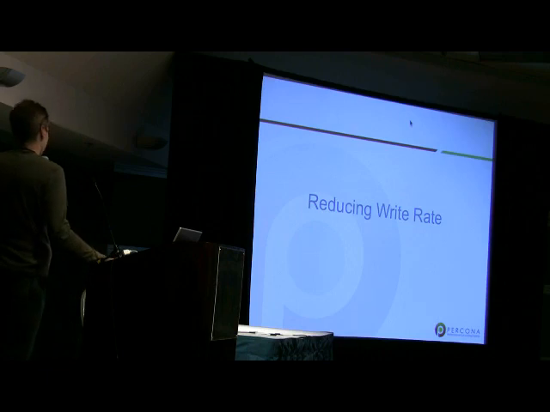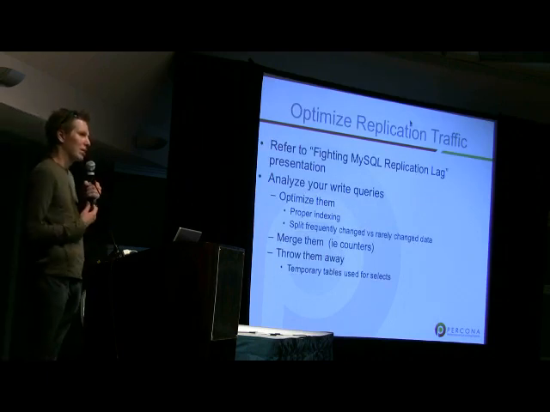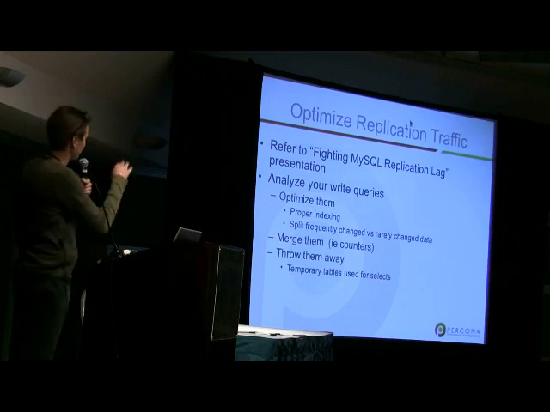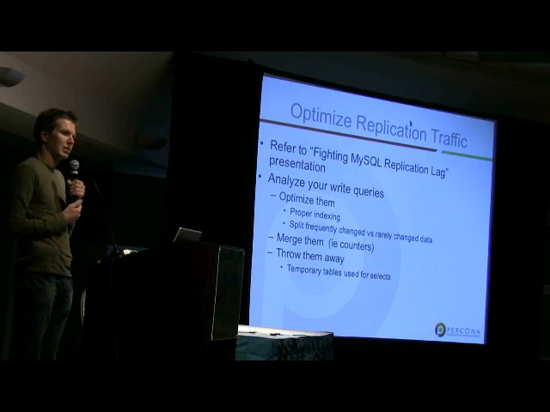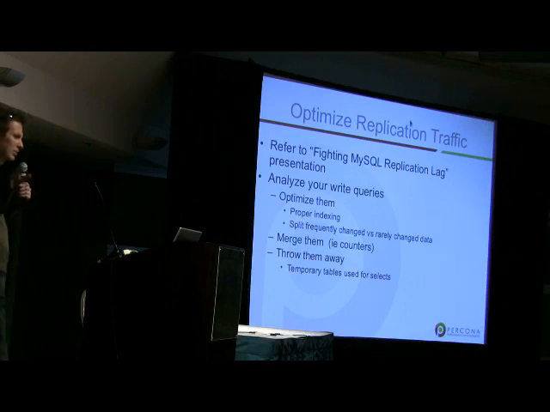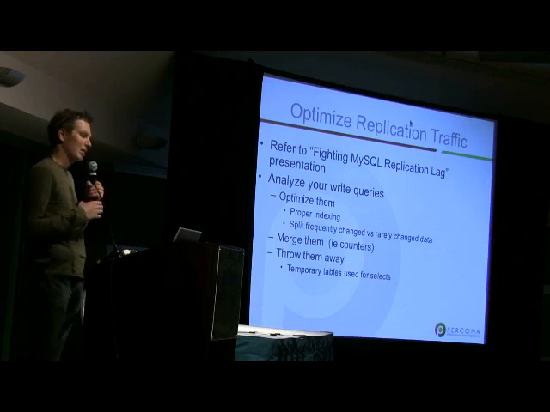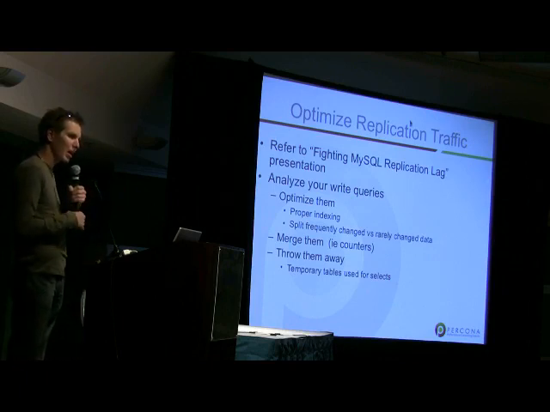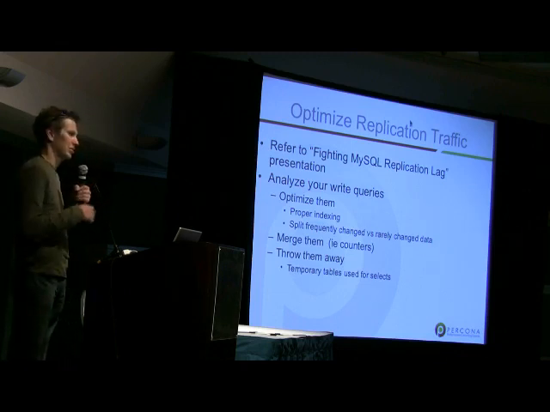So what can we do to reduce your write rate? Well, first of all, it's best to travel back in time, and if you haven't been there, go to my Fighting in MySQL Replication Live talk, where I explain a lot about MySQL replication optimization. To sum things up, you want to analyze the write queries and optimize them in various ways.